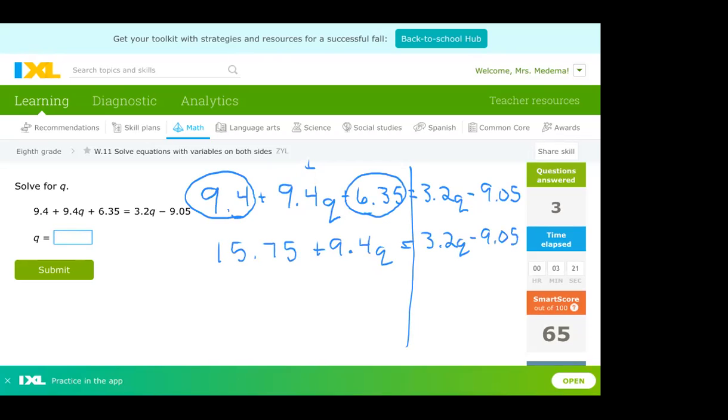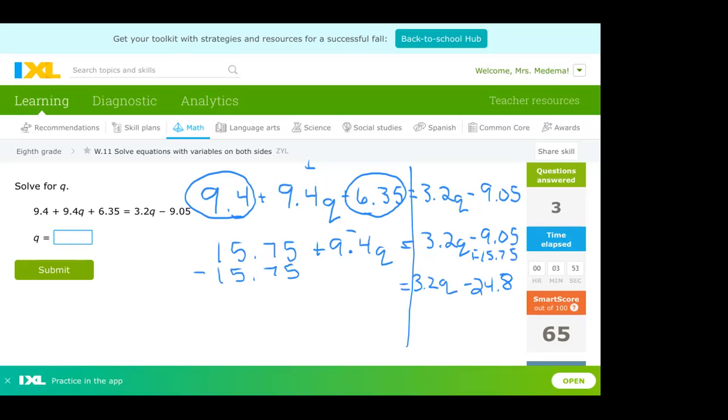All right, now when I look at the q's, I'm going to make this side have the q's. So that means I'm going to move and subtract 15.75. And when I have adding the opposite, I'm adding 15.75 and 9.05, and it'll be a negative 24.8, and then still the 3.2q.